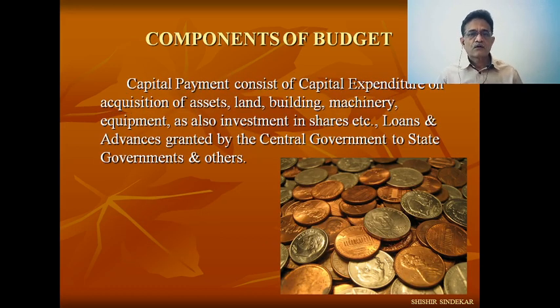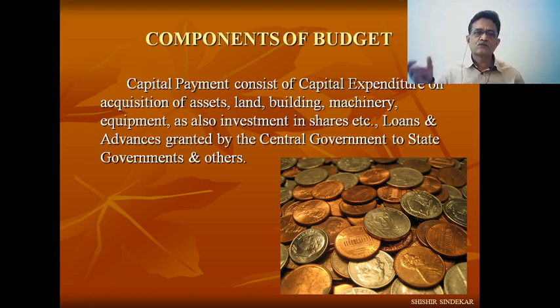Now coming to the capital payments or capital expenditures. Naturally, if the government is going to create roads, construct airports, create some industry, buildings, machinery, equipment, so the government invests in such assets, which are expenditures creating assets, so these are known as capital expenditures.